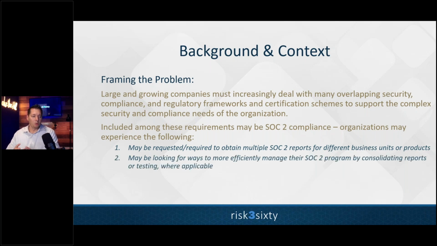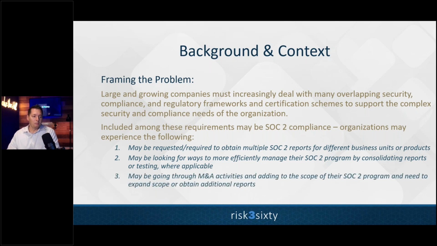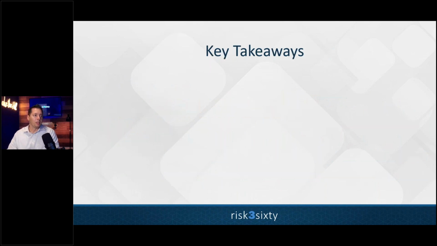They might be looking at ways to more efficiently manage their program, potentially by consolidating reports, or at least the testing or the way that audits are done. And then there might be M&A activities that are driving the increased scope of their program. There's a few different ways that can be managed. So that's the problem that we're looking at.